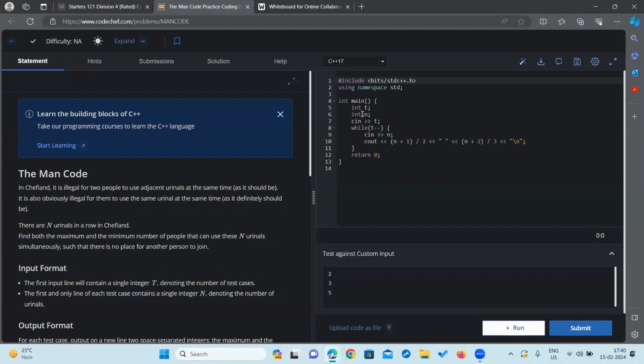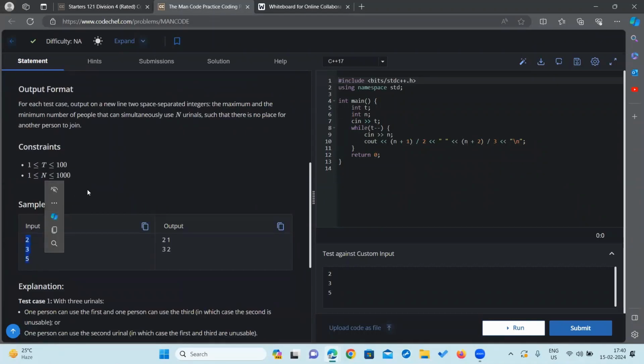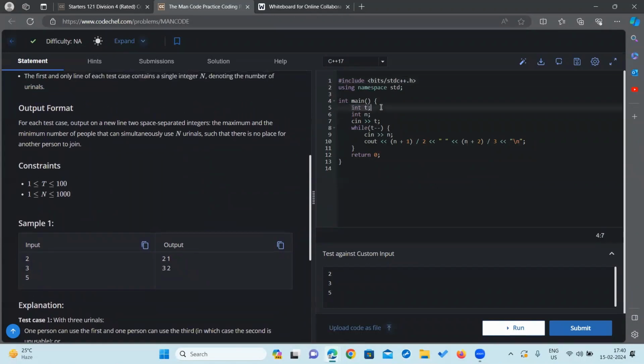In the code, they have given the sample input as 2, 3, 5, where 2 denotes the number of test cases. So we start off with the variable t, then accept it, then run this for t test cases. The first computation gives us the maximum number of people which can use it without violating the condition.